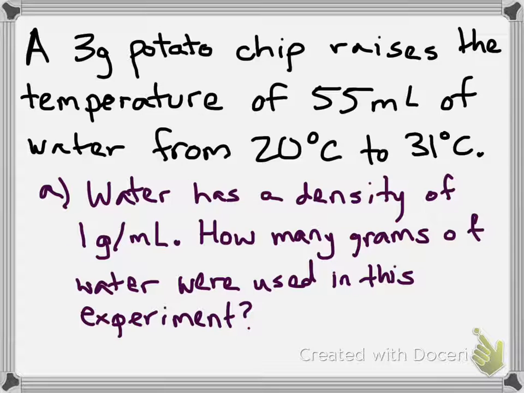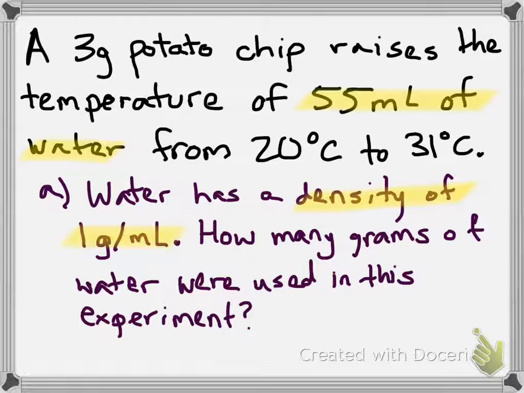Part A says water has a density of 1 gram per milliliter. How many grams of water were used in this experiment? So let's just look at our water. We have 55 milliliters of water, and we know that the density of water is 1 gram per milliliter.